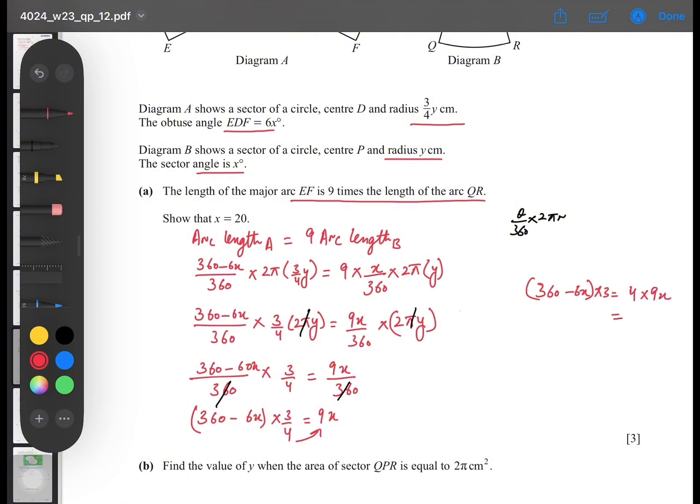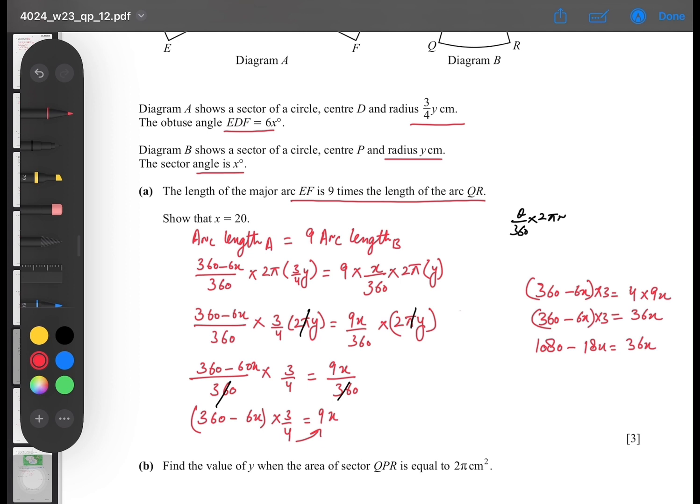This is equal to 36x, and the remaining term is (360 minus 6x) into 3. After expanding, I will get 1080 minus 18x is equal to 36x.